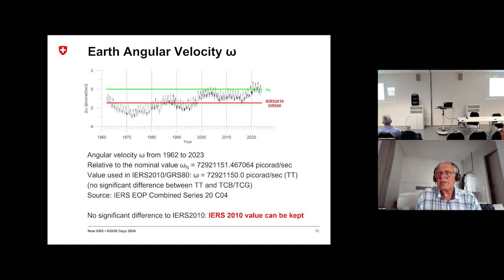There is not really a big difference if we would choose now a new value or do another mean, or we do it for the epoch 2010 or anything. That doesn't change too much. So I would say that for omega, we just keep the IERS 2010 value as fixed and continue to use it.